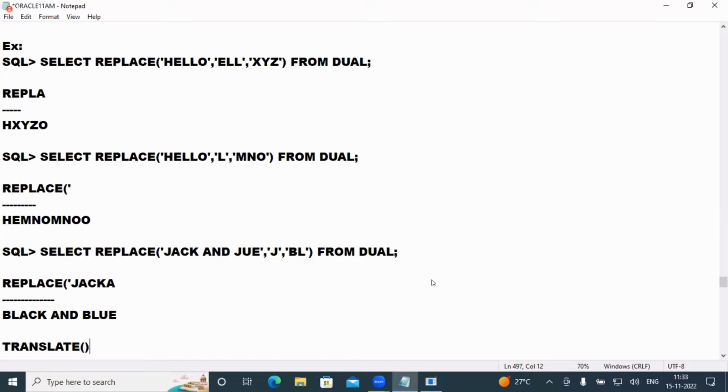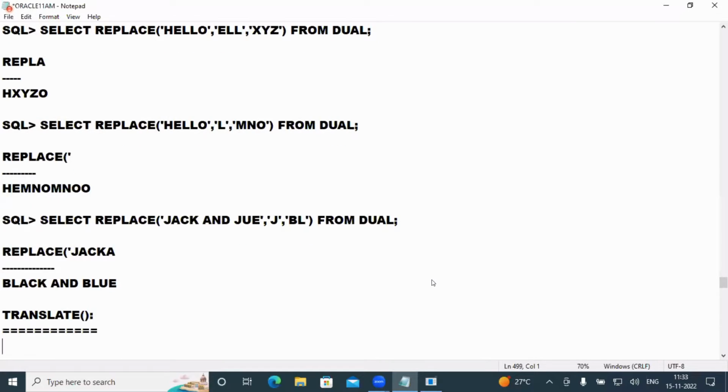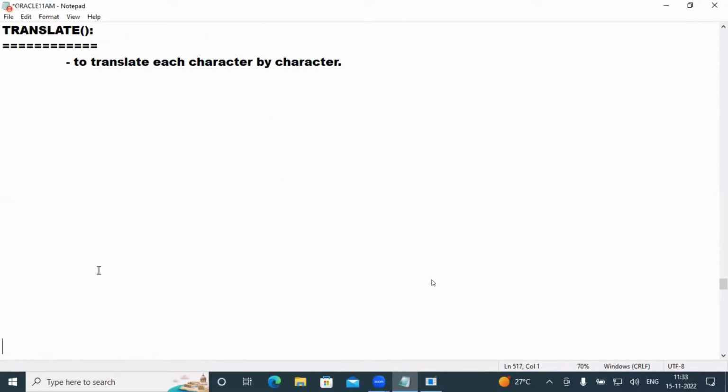translate function. So what will the translate function do? Translate function is going to translate each character, character by character. So it will be replacing each character.